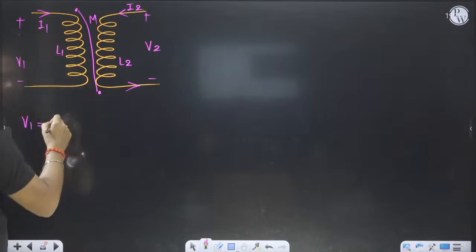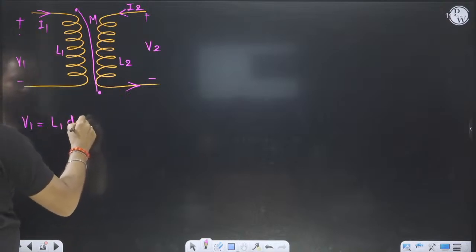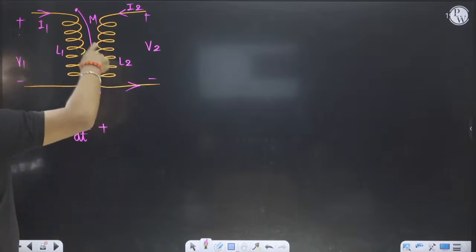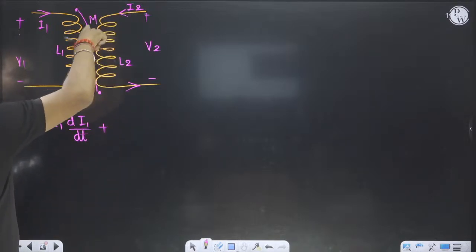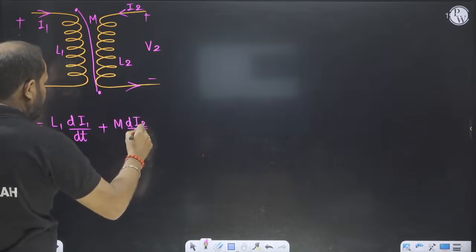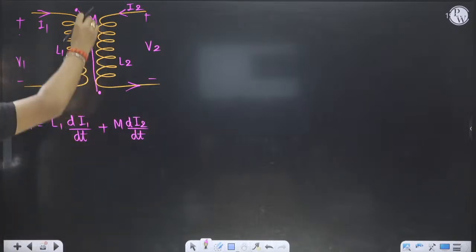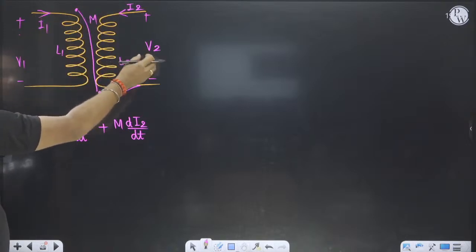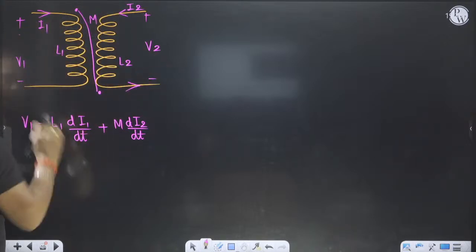V1 is due to I1, so L1 di1 by dt, and because of mutual inductance, M di2 by dt, since mutual inductance is due to the other one.